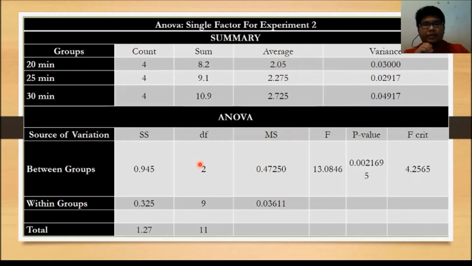Degree of freedom for the between groups is 2, where the formula is number of groups minus 1, where the number of groups here is 3. 3 minus 1 is 2.